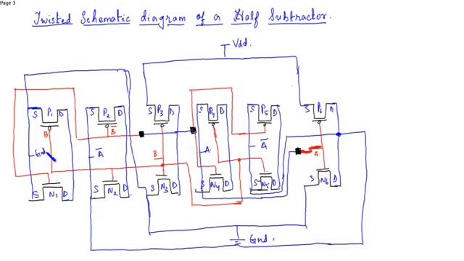Now the output is taken from the drains, so the drains of the two transmission gates are shorted. This is your borrow, these two will have the difference.